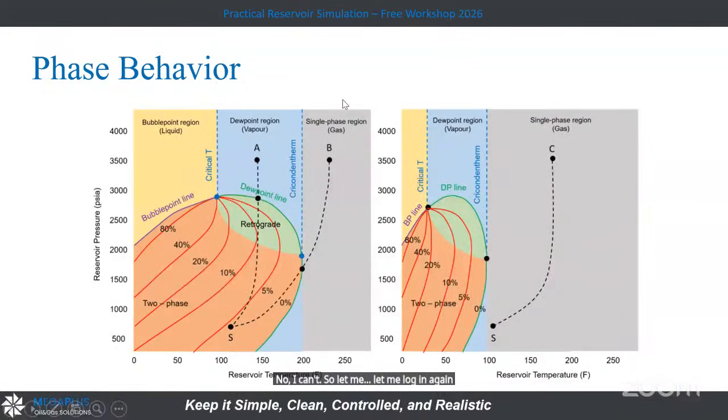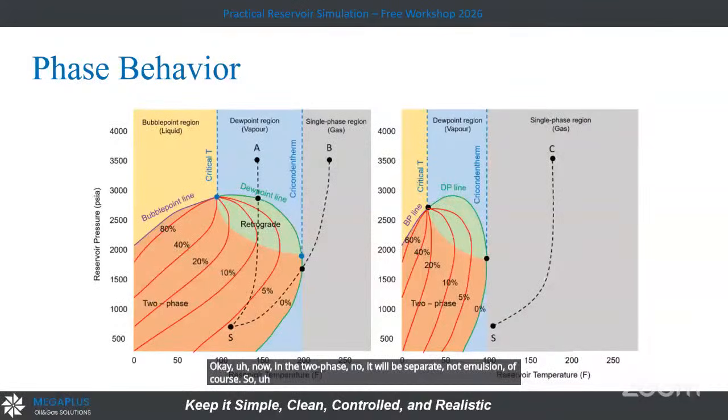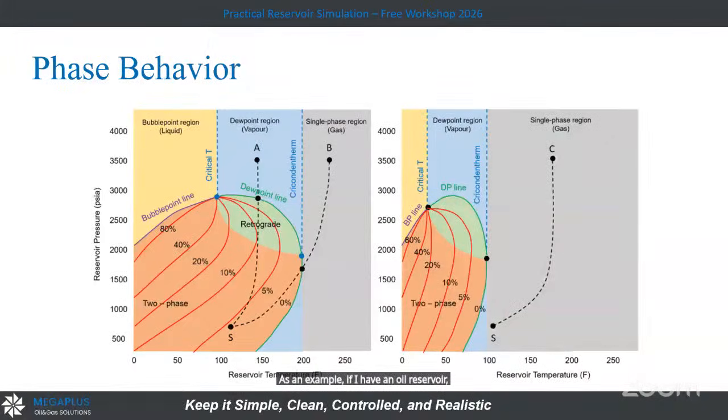In the two phase region, no, it will be separate, not an emulsion, of course. As an example, let's take a gas condensate reservoir. If at reservoir conditions the pressure is, as an example, 4000 psi and 200 Fahrenheit, it will be totally in one phase, gas.